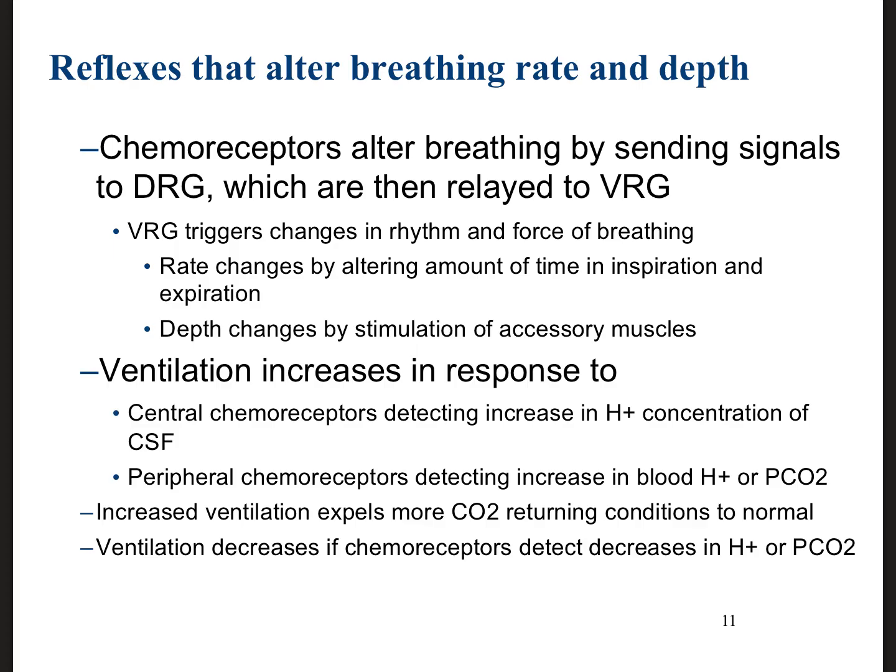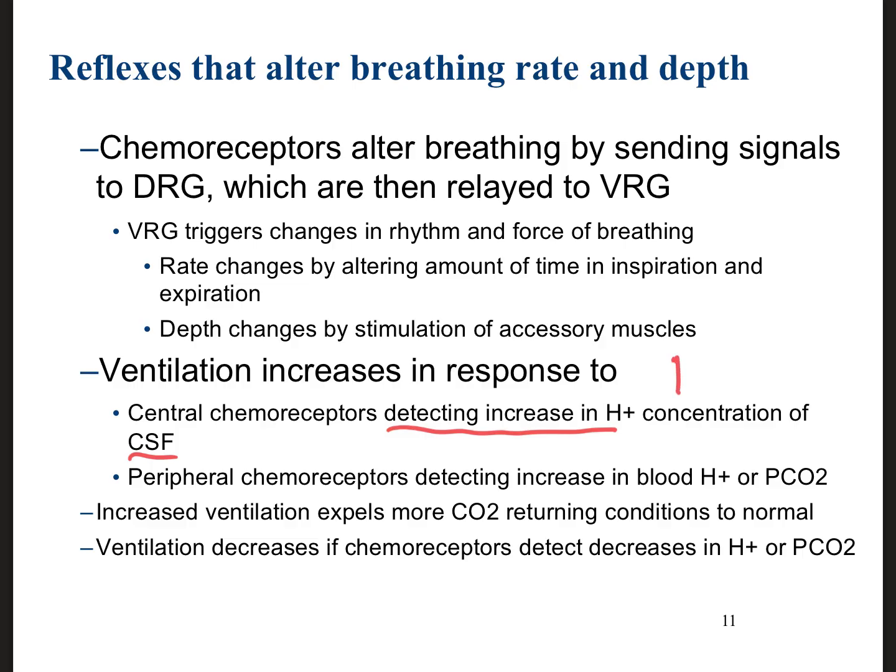So how this works, the stimulus are sent to the dorsal respiratory group, which then are relayed to the ventral respiratory group, and then that triggers changes in rhythm and force. Those changes alter the amount of time in inspiration and expiration, and then some depth changes as well. So, ventilation increases in response to detecting increase in hydrogen ion concentration in the CSF.